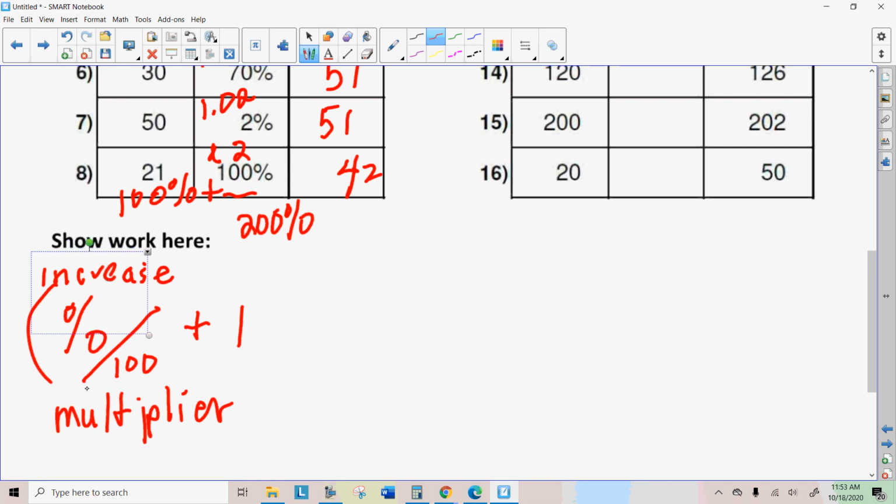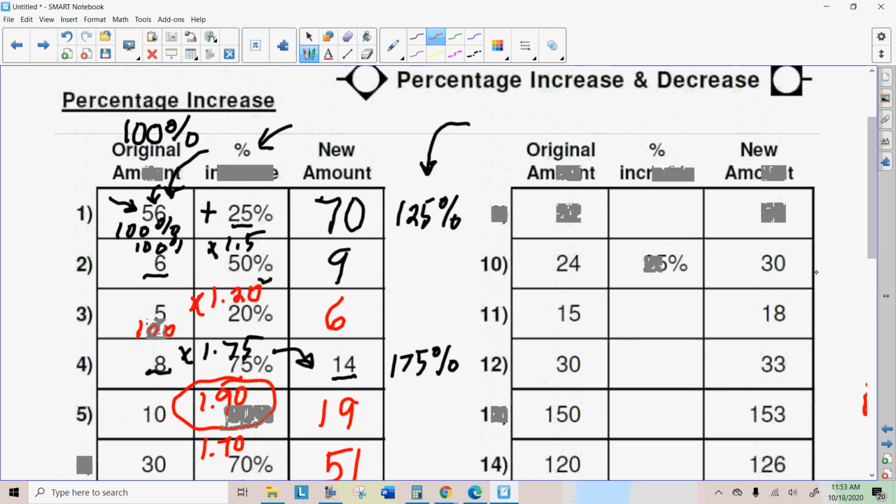Now, what if we want to know what the percent increase is? So let's look for a shortcut there. If you remember from the lesson, you would take your original amount and your new amount and subtract them, find the difference.